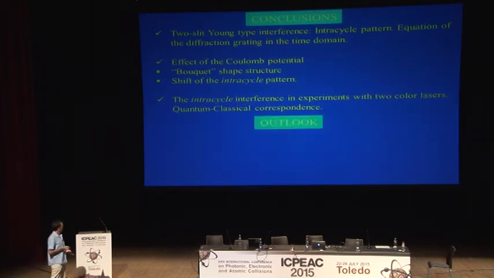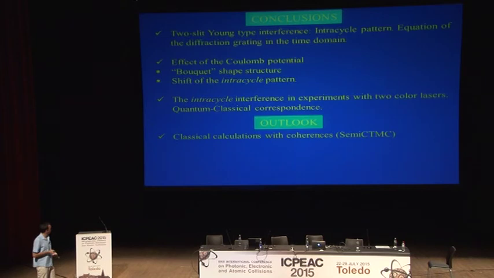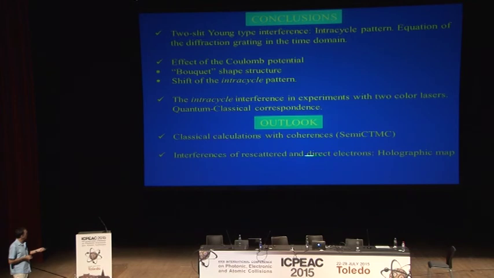What are our plans for the future? We are trying now to include some of these coherences through the action in a CTMC code. We are also now working on calculating a second term in the Coulomb-Volkov approximation, a term corresponding to rescattering, to rescattered electrons, in order to cope with rescattering.